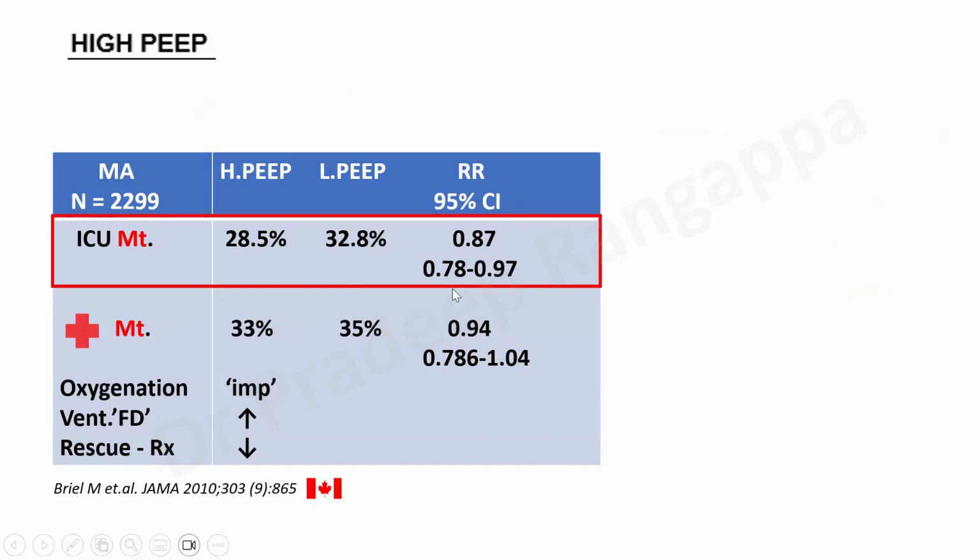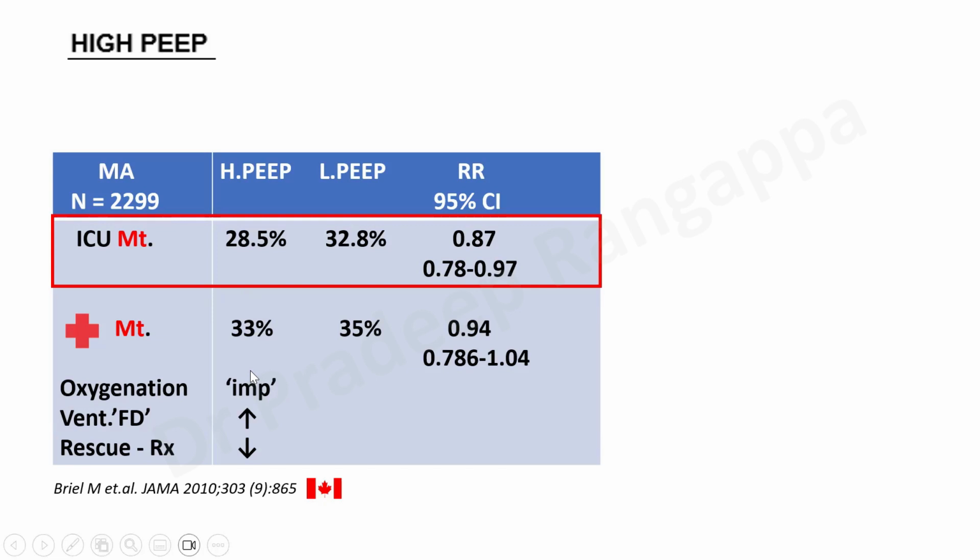This came in 2010, which is a meta-analysis of 2,299 patients comparing high PEEP and low PEEP. And this came in JAMA by Briel et al. So when you look at ICU mortality, it was significantly less in the high PEEP group. Hospital mortality, there was no difference. And expectedly, oxygenation significantly improved in the high PEEP group.